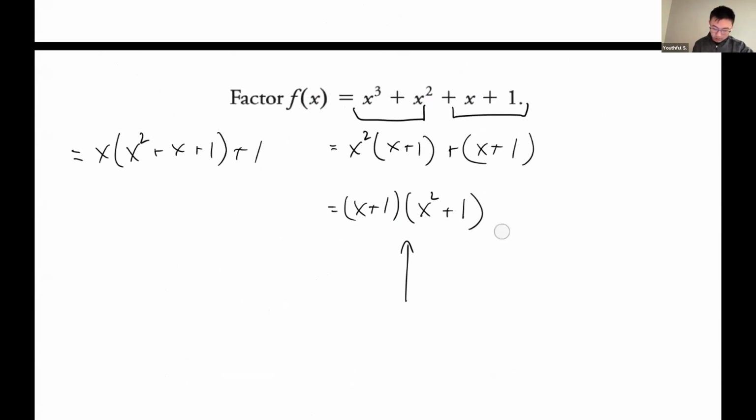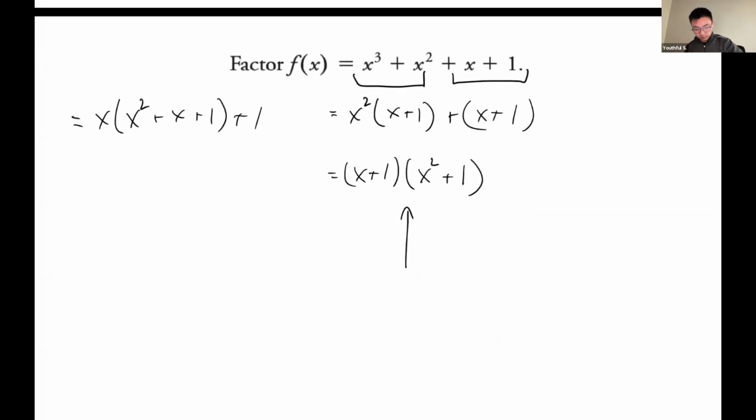And that's going to be helpful, we'll see later, when you're trying to figure out restrictions of functions, or when you're just trying to simplify. Like if this was in a fraction and you had more stuff at the bottom, you could potentially cancel out stuff. So that's why we want to factor as much as possible.